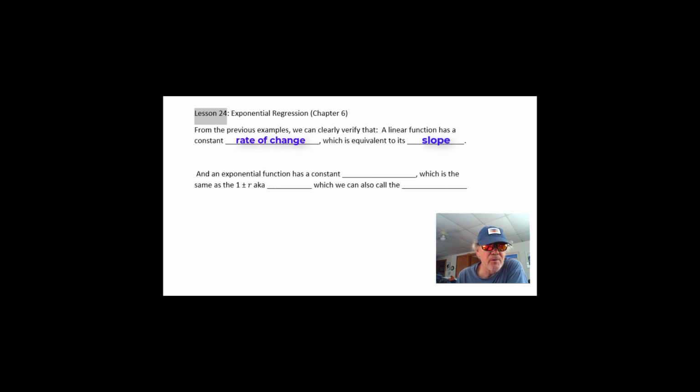An exponential function has a constant what? It has a constant percent change, which is the same as 1 plus r, which is the factor. 1 plus or minus r, actually, which we also call the growth or decay rate. So there's the basics.